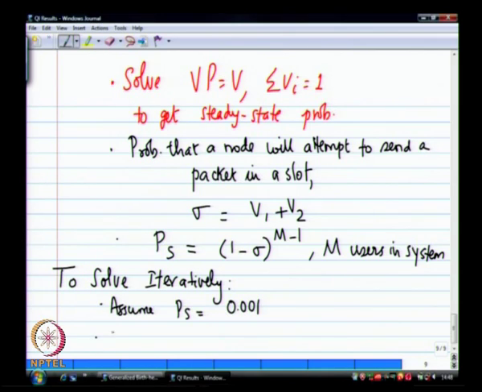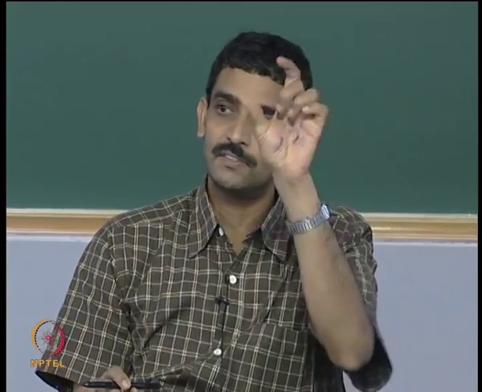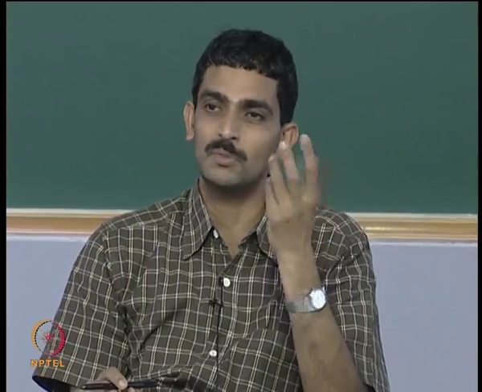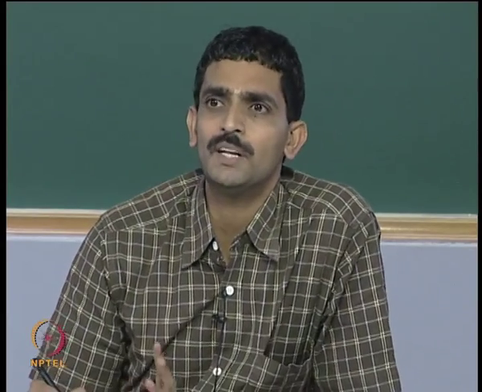Then solve for the vector V and PS, and then repeat until convergence. You have to have some condition for convergence, saying that ultimately my sigma converges. In the first iteration, if I get sigma equals this, and in the second iteration a different sigma, then the difference should be some small epsilon. So repeat until convergence on some parameter, whether it is PS or sigma, whatever you want.